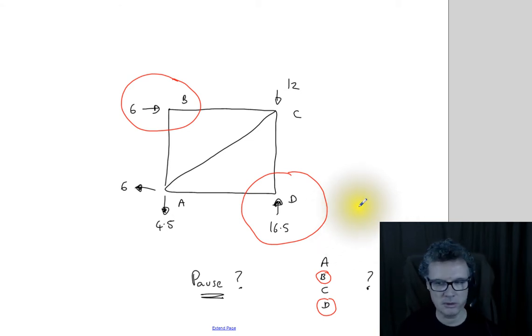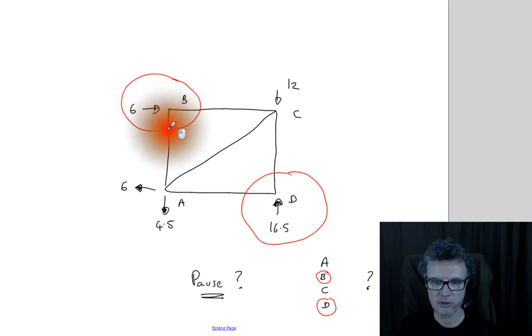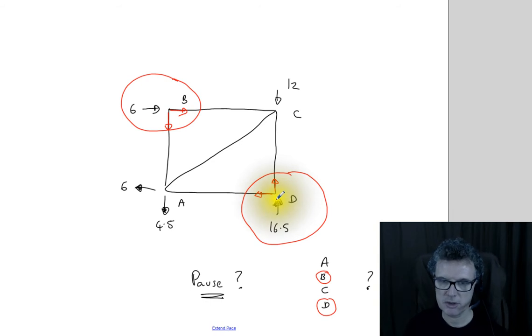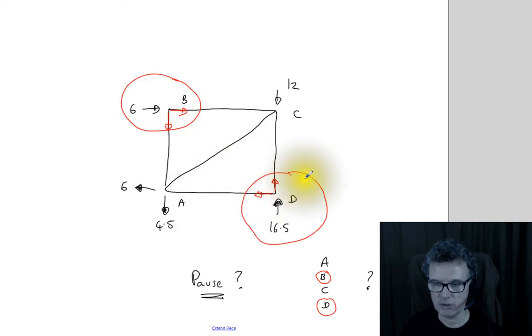Why? Those are the 2 correct answers. Well, both of them will have 2 unknowns. Makes no difference which one I choose, so I'm going to choose method of joints at D. So the next thing I want to do is to make my cut through that joint and just take out those forces there.